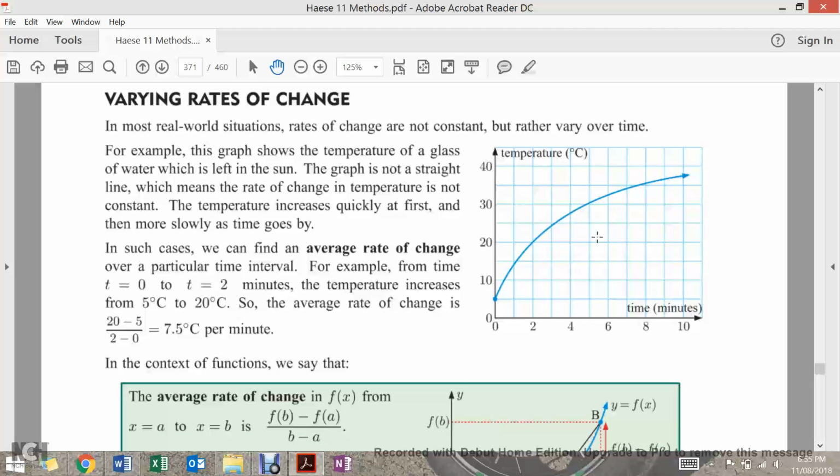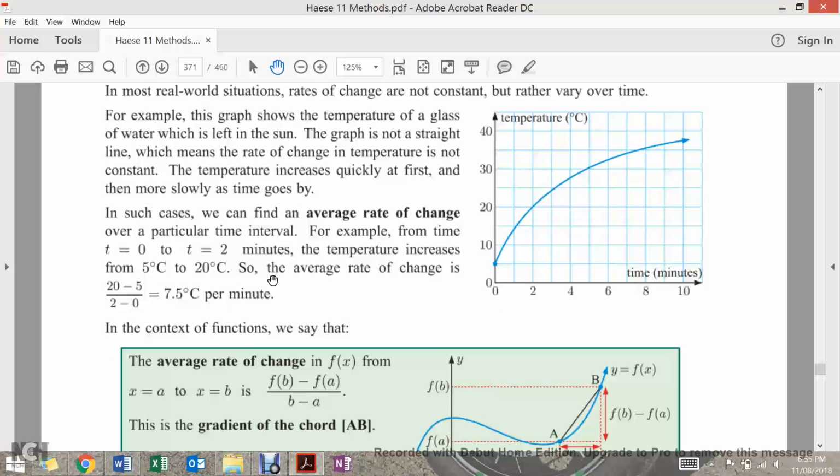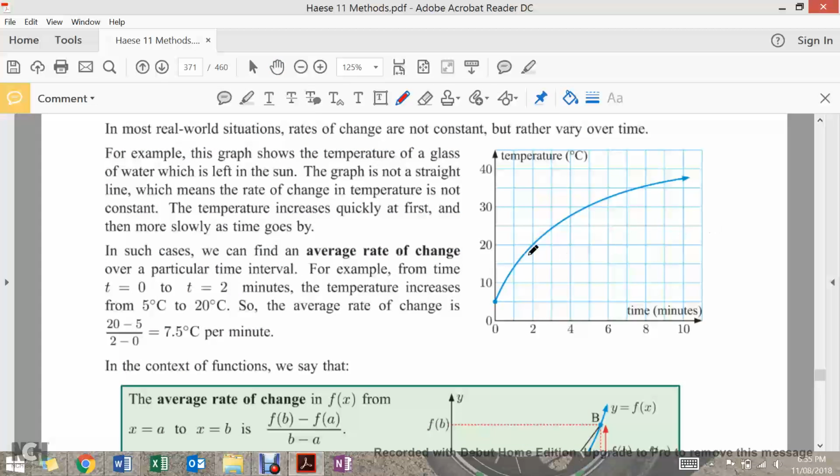If I wanted the rate of change at this point, let's say right at 4 minutes. What we have here is the temperature of a glass of water left in the sun over time. So our rate will be degrees Celsius per minute.